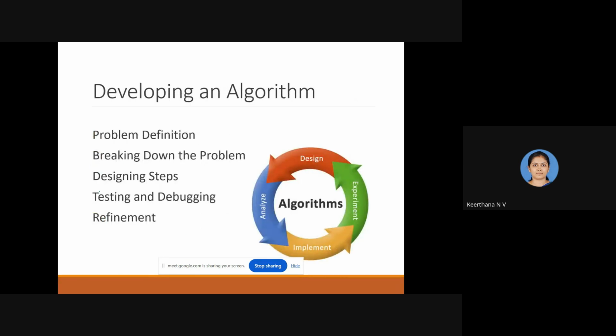These are the steps for developing an algorithm. First, you have to define the problem you're going to solve, and break down the problem into modules if necessary. Then design the steps you're going to write and how many steps. Please be precise in writing an algorithm, with simple steps. If it is a very complex problem, the algorithm may extend.